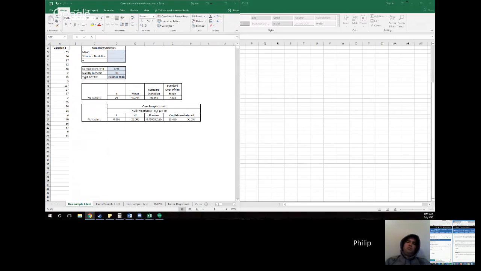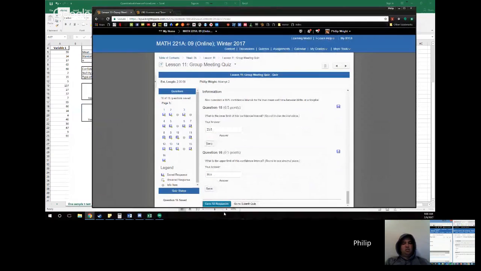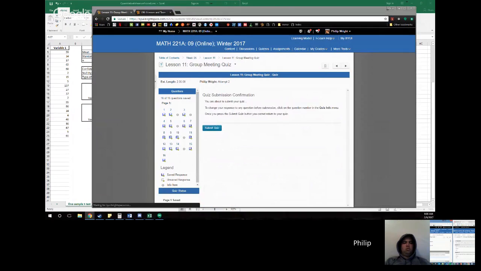Bruce, question for you. To find the margin of error, because that was the only other thing I couldn't compute, is that just the mean plus the standard deviation, or how do we find the margin of error? Well, do you know the confidence interval?